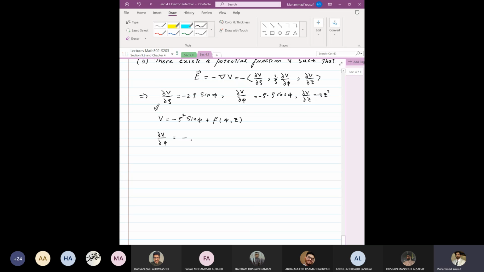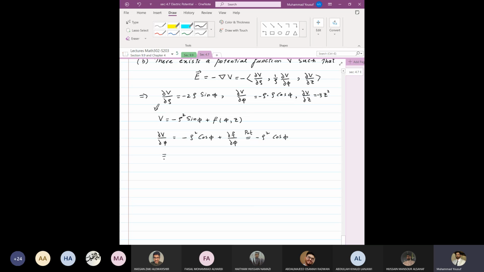So negative rho squared cosine phi plus partial f over partial phi, and we put this equal to negative rho squared cosine phi.